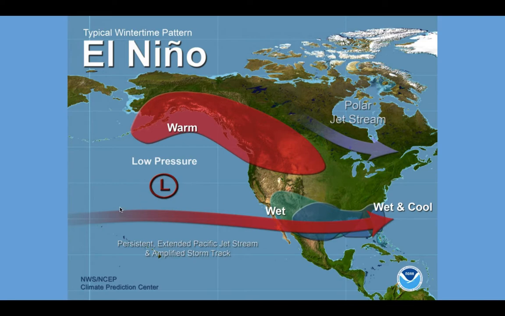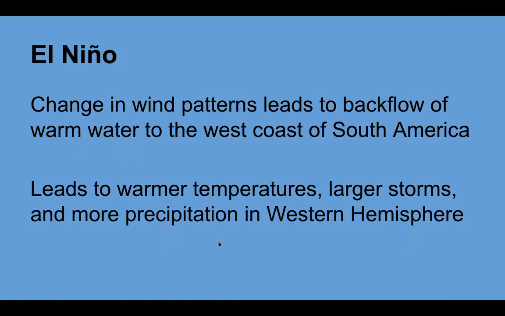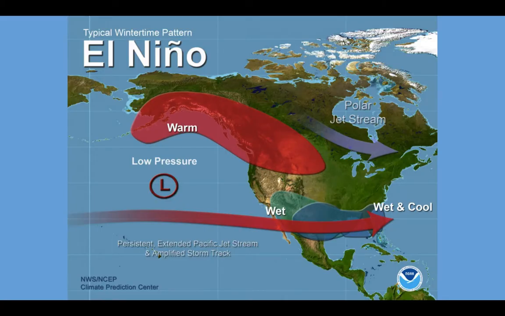What happens in an El Nino year is that, because of the change in currents and wind patterns, it leads to a backflow of warm water to the west coast of South America, which leads to warmer temperatures, larger storms, and more precipitation in the whole Western Hemisphere.